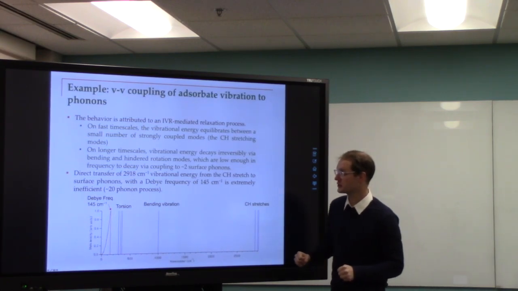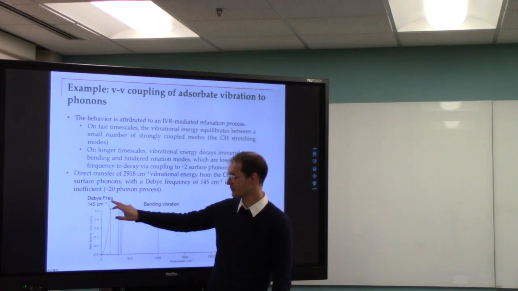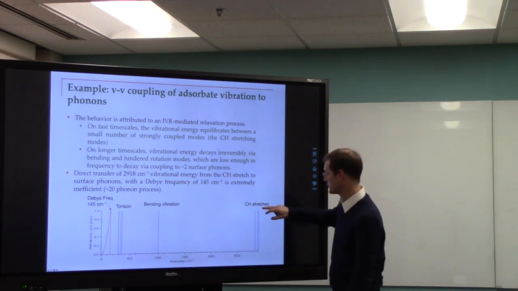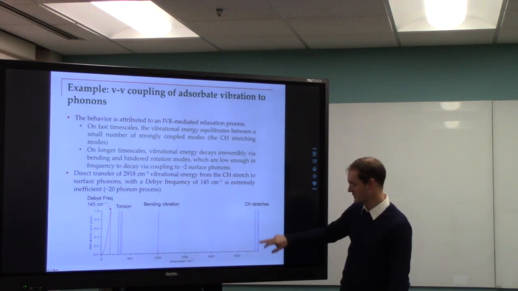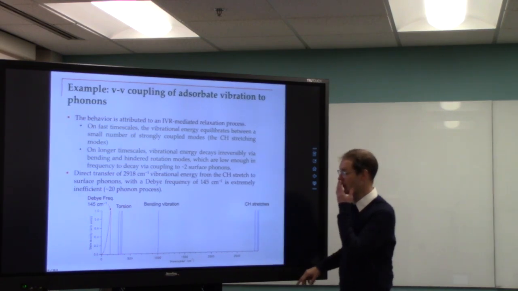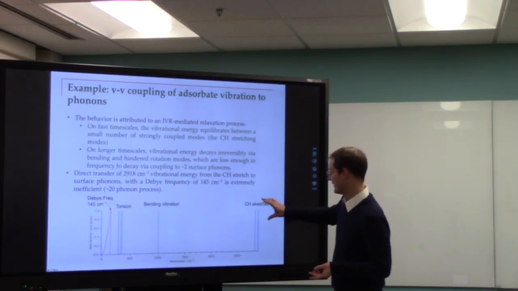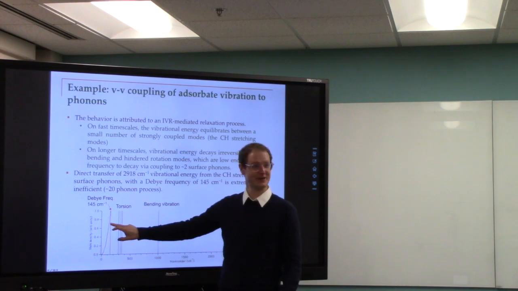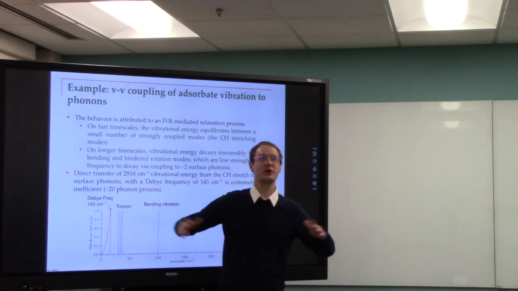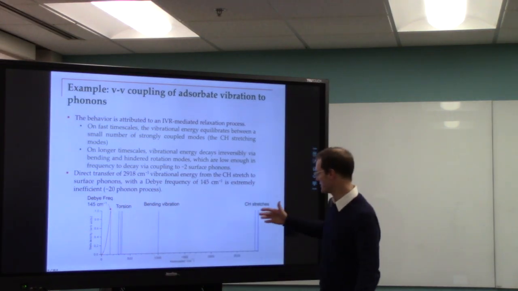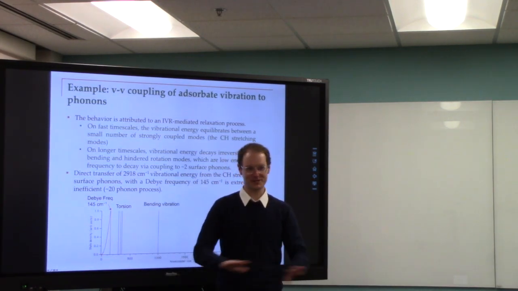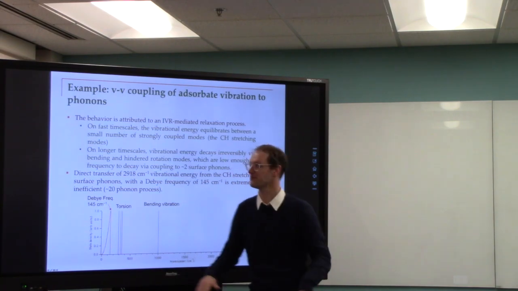If you look at the energetic picture, the Debye frequency for silver is only 145 reciprocal centimeters, whereas the CH stretch that we excited was up around 3,000 reciprocal centimeters. This vibrational energy is not resonant with the phonon energy. So you would need something like a 20 phonon process in order to directly transfer the energy from the CH stretch to the phonons of the solid.